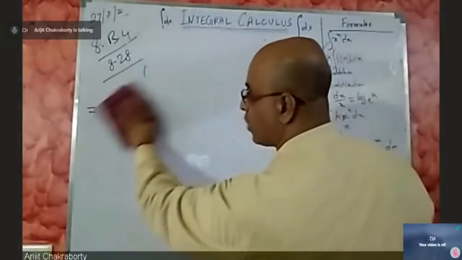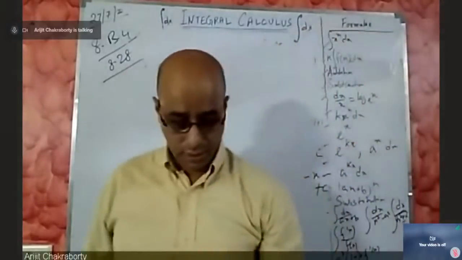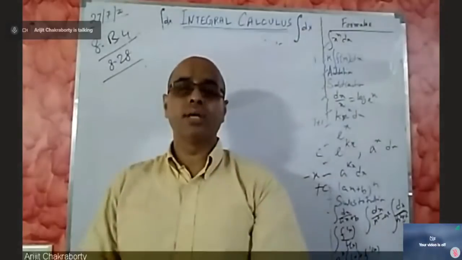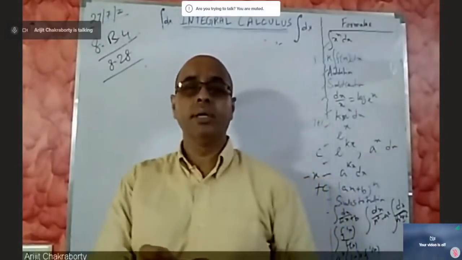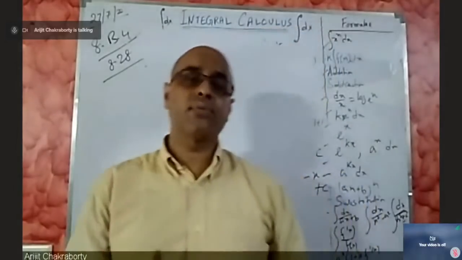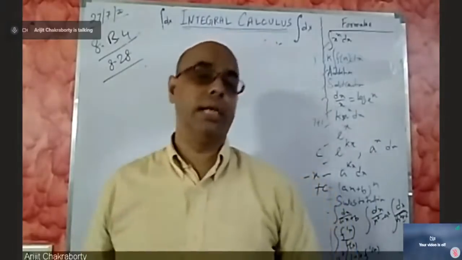You have to take two functions and make sure that you take the right function, the correct function, as the first function, and always take that function as the first function where you can find the derivative easily.